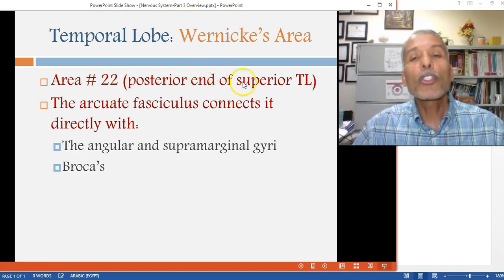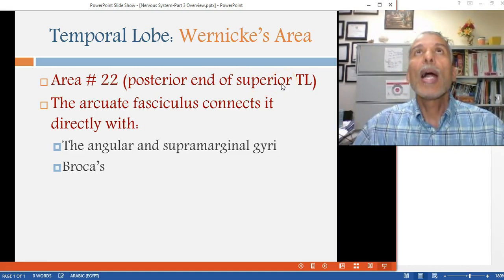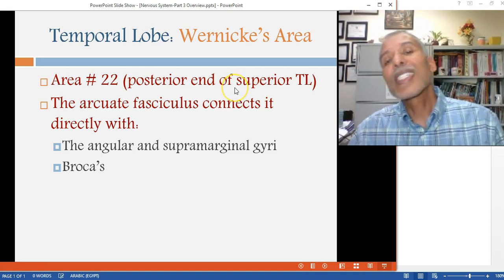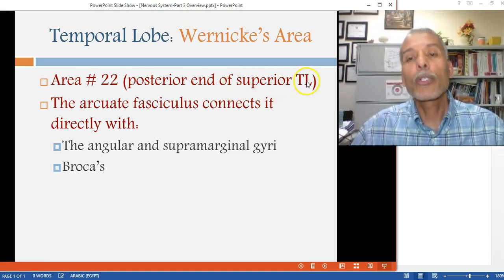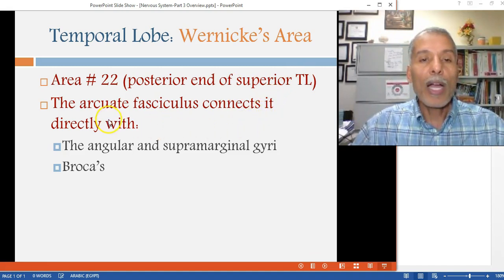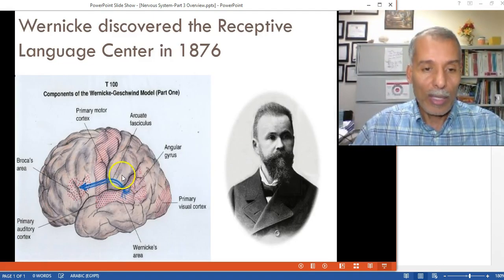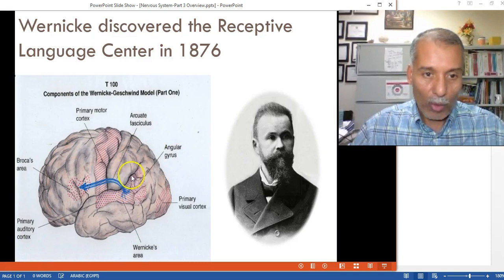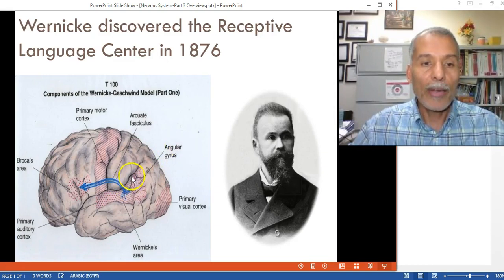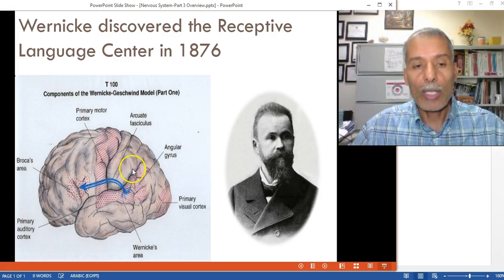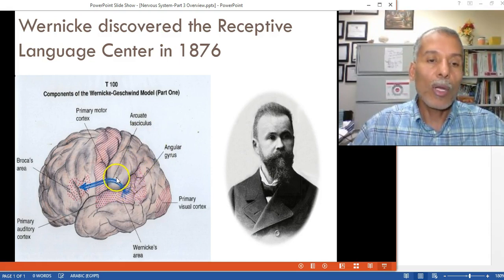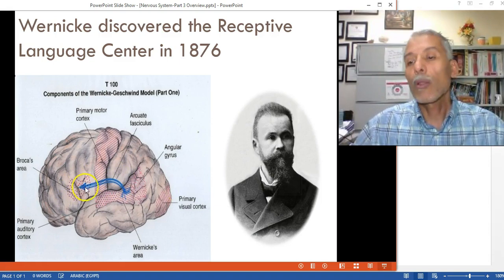It is on the superior temporal lobe, and it is in the posterior segment of the superior temporal lobe. The arcuate fasciculus connects it first. It connects with an area here called the angular gyrus, an area of the parietal cortex, and then it goes on to connect both with Broca's area and the frontal lobe of the brain.